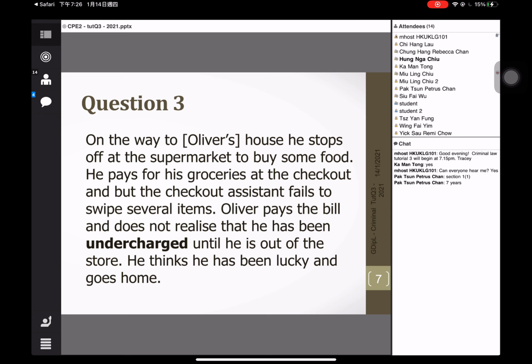Oliver pays the bill, but at that stage he has no realization that he's been undercharged. It's only later that he discovers this, and he thinks he's been lucky and goes home. So there we need to ask ourselves whether there could be theft of the unpaid for, or unbilled, if you like, grocery items.